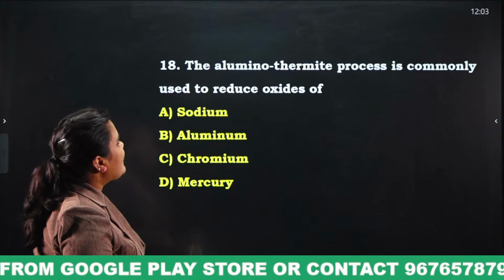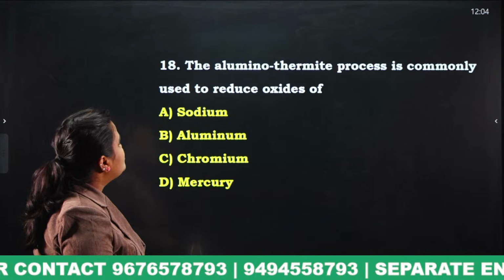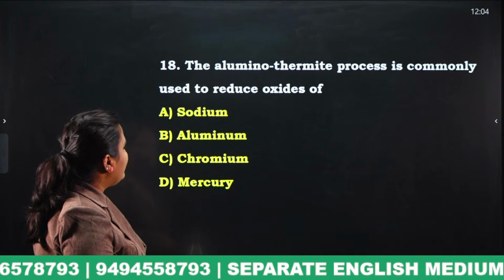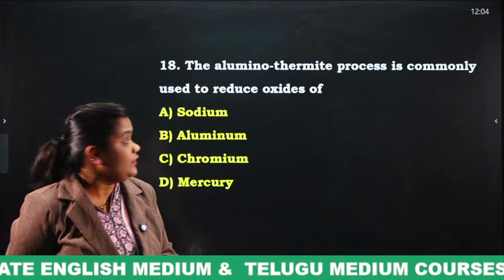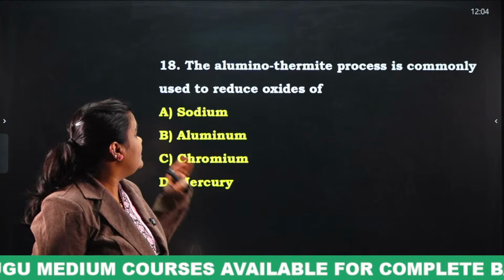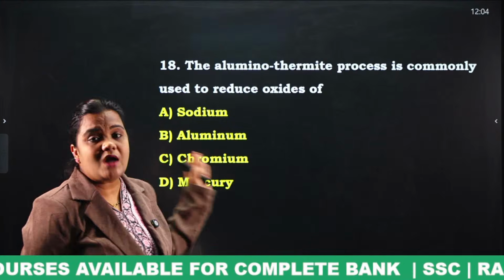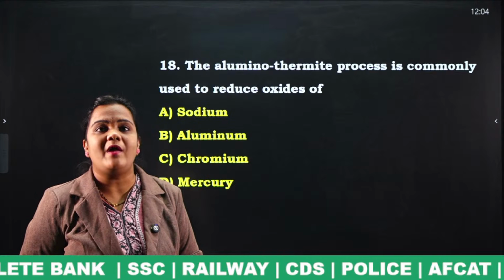The alumino-thermite process is commonly used to reduce oxides of sodium, aluminium, chromium, mercury. So if we use this alumino-thermite process, which one does it reduce the oxides of? Chromium or aluminium?